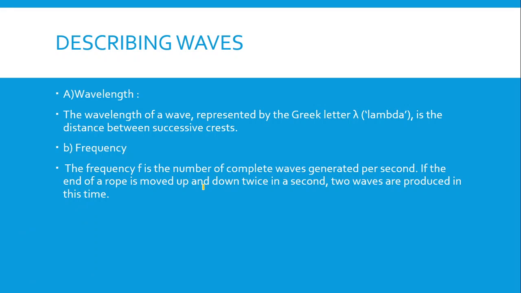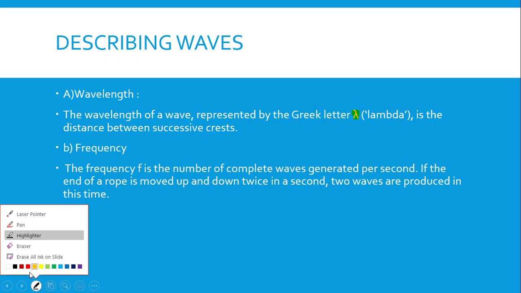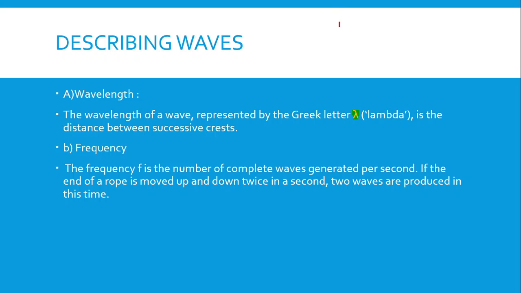This is the notation that we give to wavelengths. It is the distance between successive crests. Now, it's easier to say that it is the distance between successive crests, but what exactly does a wavelength mean? For that, I'm going to draw a little demo diagram. This did not look very smooth, so I'm going to delete it and draw another one.